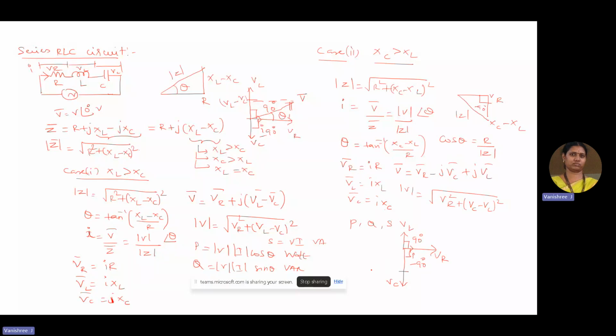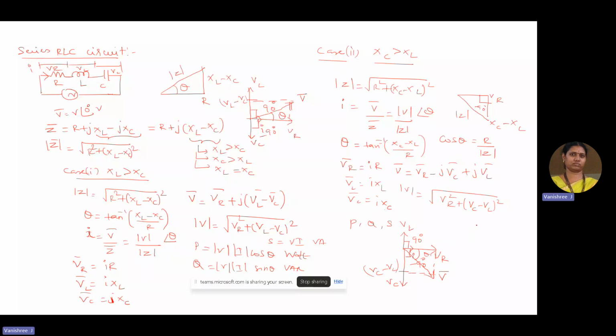Then the resultant VC minus VL is taken along the negative direction, and the resultant of VC minus VL and VR is the supply voltage. The angle that is subtended between V and I is taken to be theta, which gives a measure of the phase difference between the supply voltage and the supply current. So that's it regarding the second case.